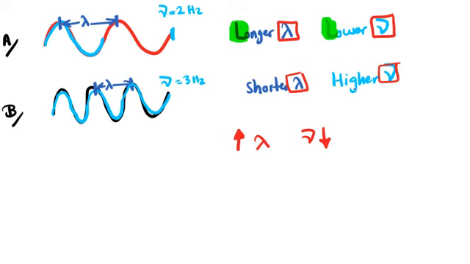Energy and frequency are related to each other. If we have this wave A, we call it a low energy wave. And for this one, we call it a higher energy wave. So frequency and energy are interchangeable terms. We can easily use them for our concepts.